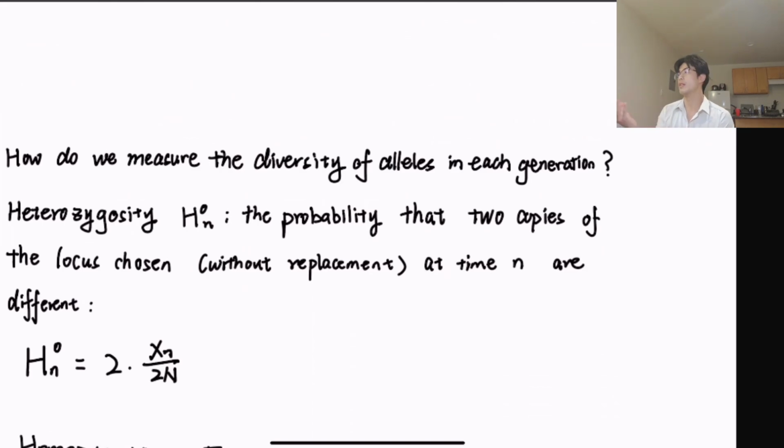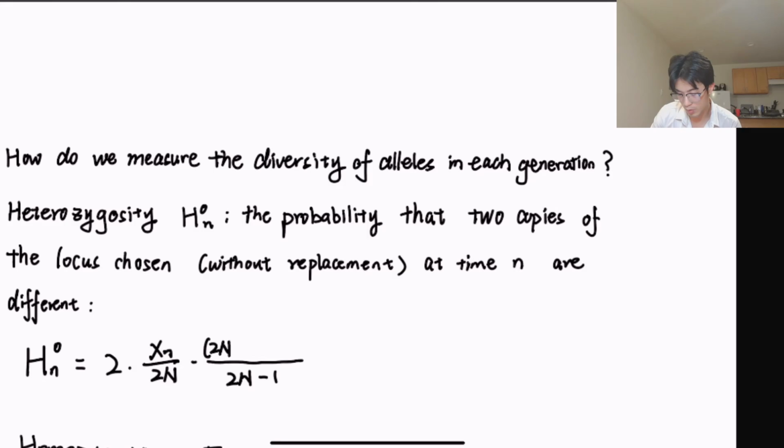What is the probability of choosing a small a? Remember here, we do not have replacement, okay? We already selected the big A out of the population, so the population becomes 2n minus 1. And what is the probability of choosing the small a in this case?